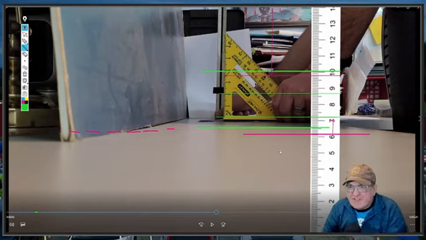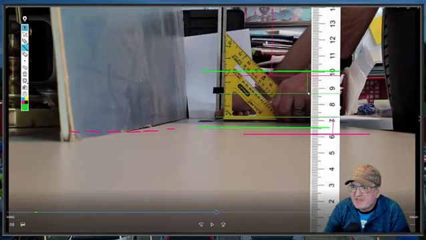So we still have quite a drop in the top of the mountain, but we have a rise still in the bottom of the mountain. Not as significant. So I would say that the rise in the tower at this point is a little more than the rise in the mountain.